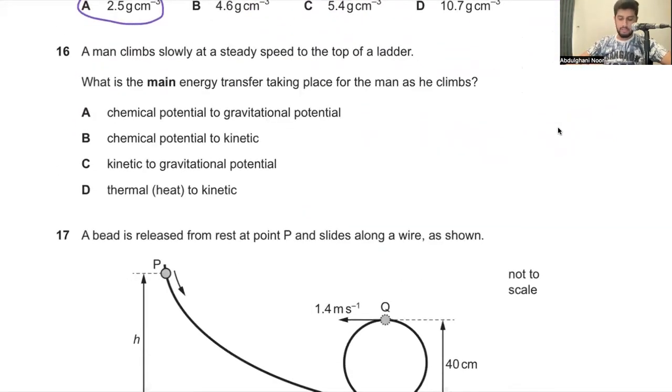Question 16 says, a man climbs slowly at a steady speed to the top of a ladder. What is the main energy transfer taking place for the man as he climbs? The man is climbing at a steady speed, meaning his kinetic energy is not increasing. What is increasing? Gravitational potential energy. Where is that energy coming from? The chemical potential energy stored inside the person.